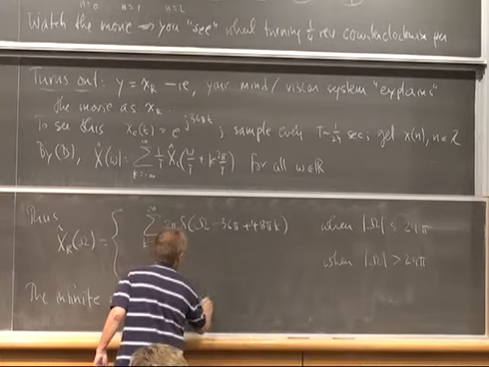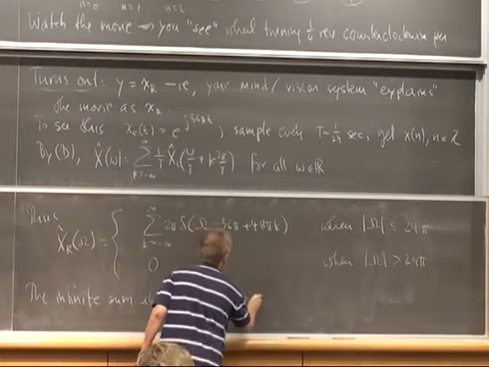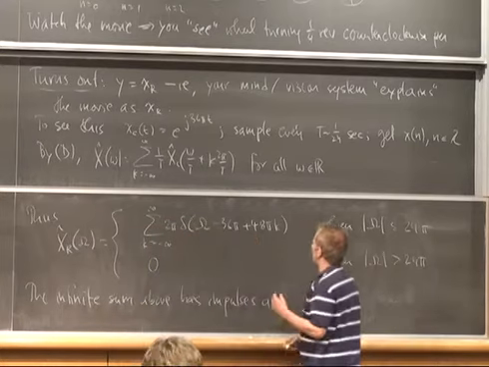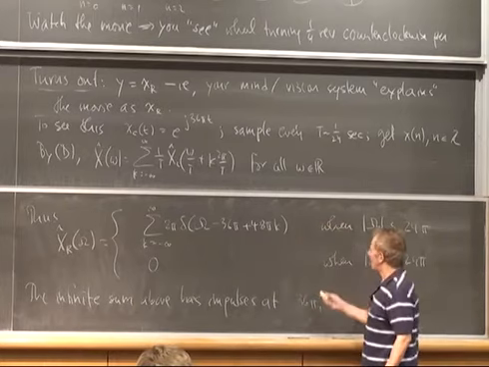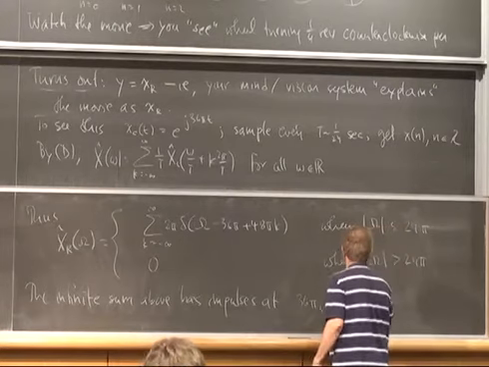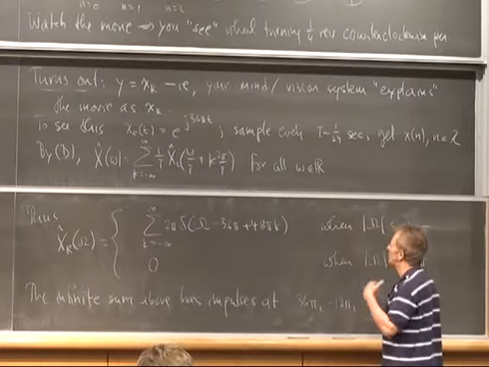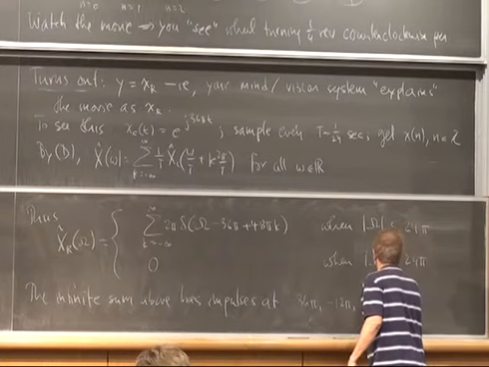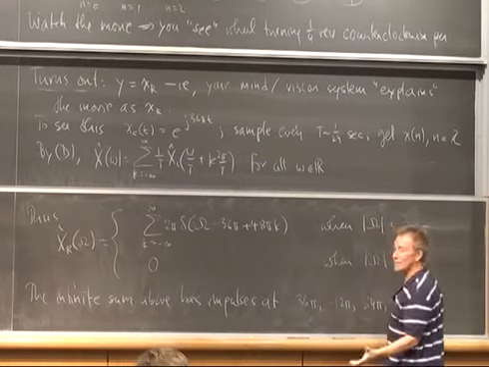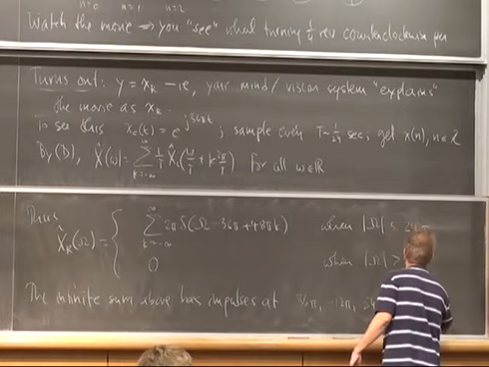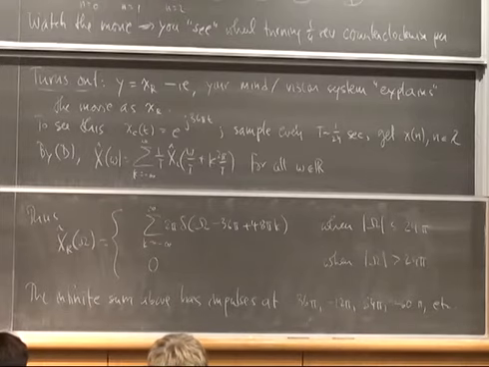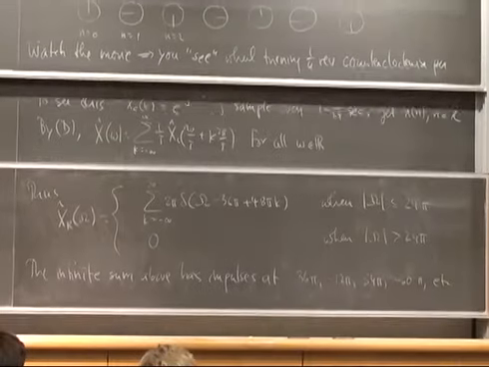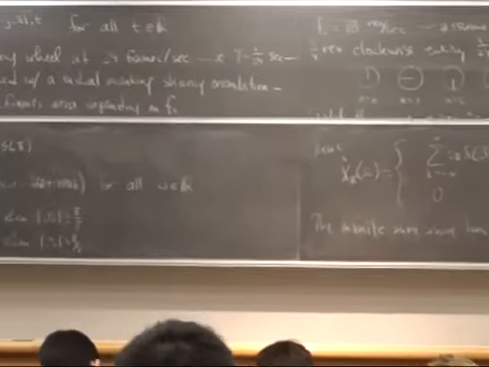That has impulses at 36 pi, 36 minus 48 pi, which is minus 12 pi, 36 plus 48 pi, which is, again, 84 pi, 36 minus 96 pi, which is minus 60 pi, etc. And all of them have weight 2 pi. So let's draw a picture of it, just for completeness' sake.